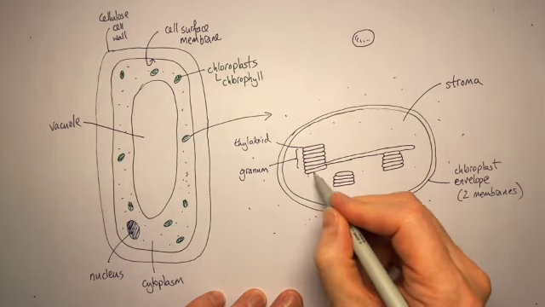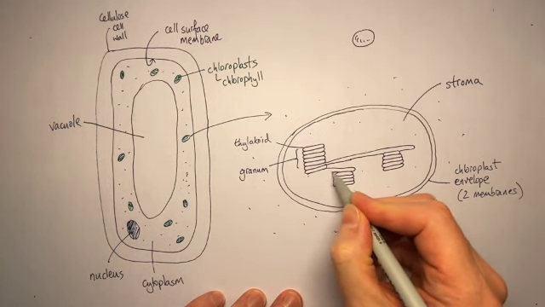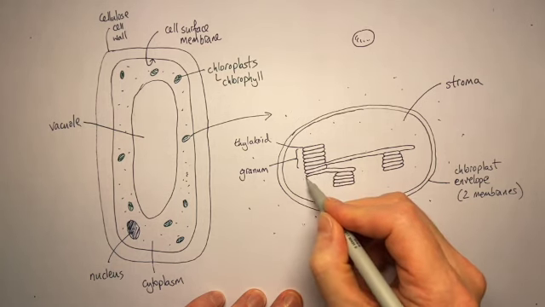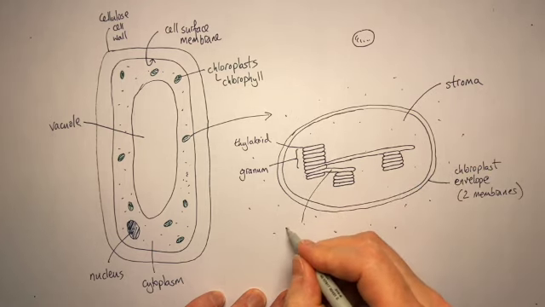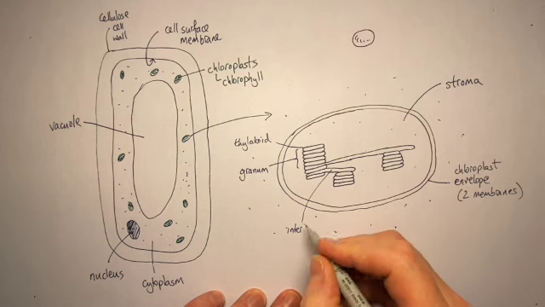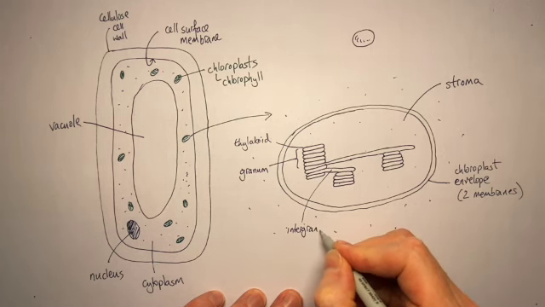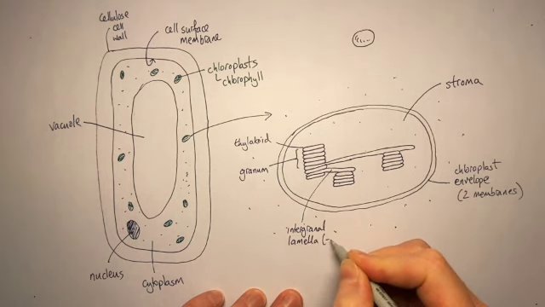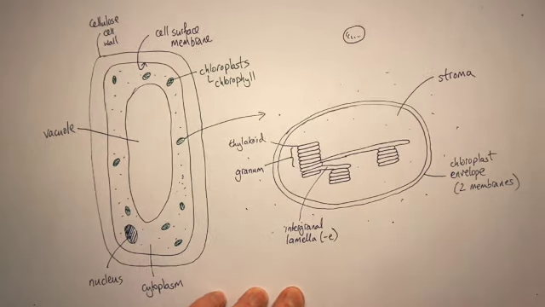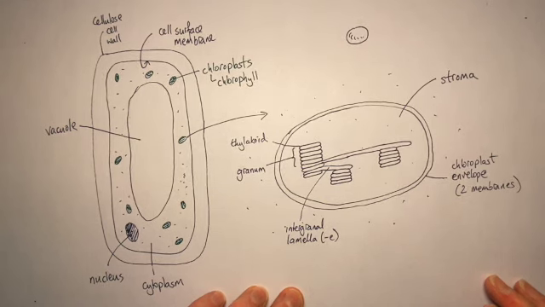And these can be multiple, like this. And they're called intergranal lamellae. So this is one lamella, and the plural would be lamellae. Lamella basically means a sheet.